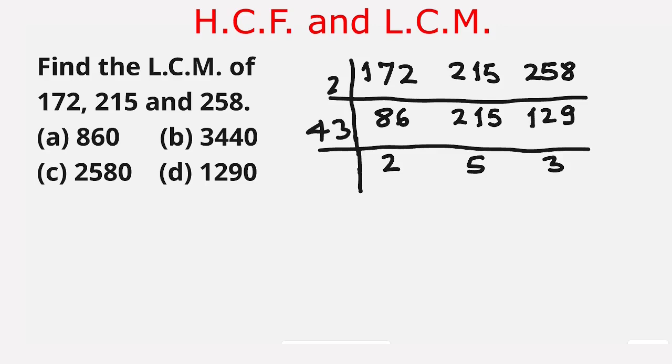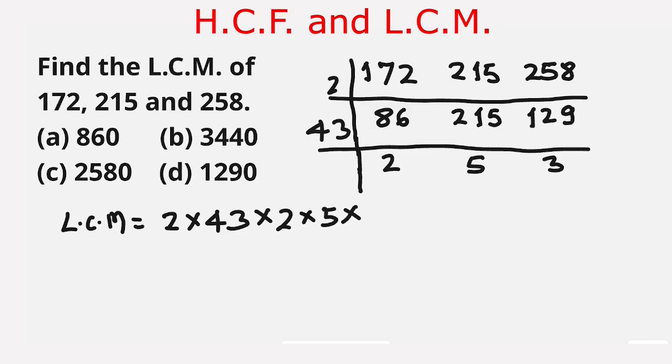Now we can find the LCM. LCM is equal to 2 multiplied by 43 multiplied by 2 multiplied by 5 multiplied by 3. 5 and 2 makes 10, so we will add 1 0 at the end of multiplication of all other numbers. 43 times 3 is 129. 129 times 2 is 258, and 258 multiplied by 10 is 2580.